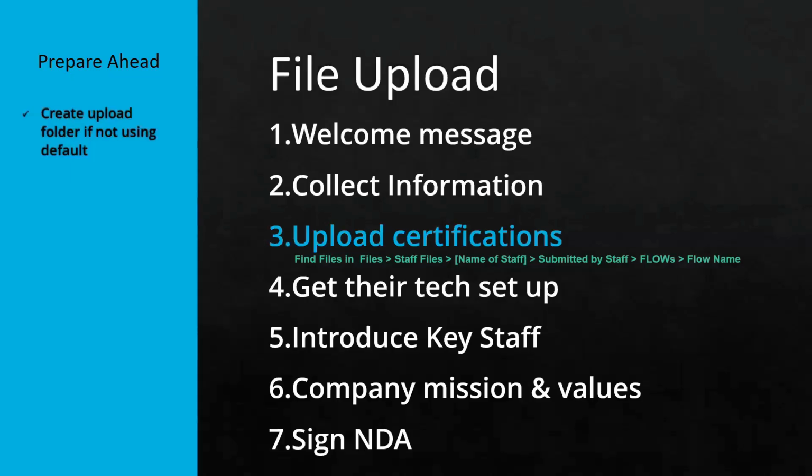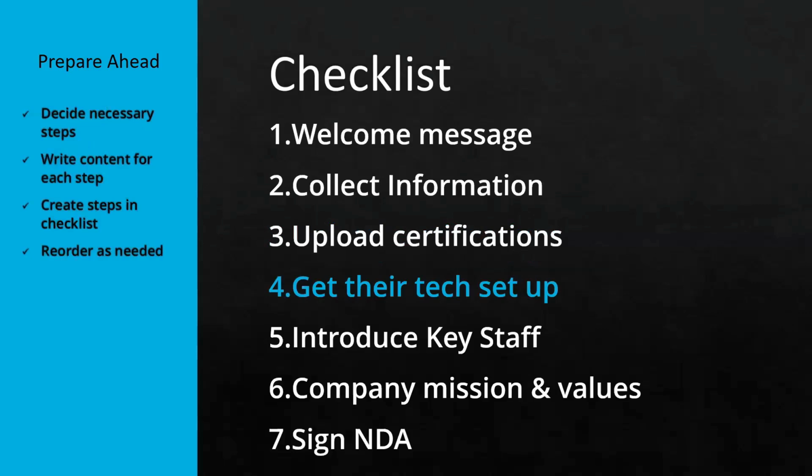And next step would be to get their tech stuff set up. So a new client or a new staff in this case, you need to decide the steps that are necessary to set them up for their workstation. Write content for each step here. Oh, this is the checklist, that's why. So we're creating a checklist, which I've already built. And when you do that, you have to decide your steps, write the content and all that inside the checklist, which we can probably cover another time.